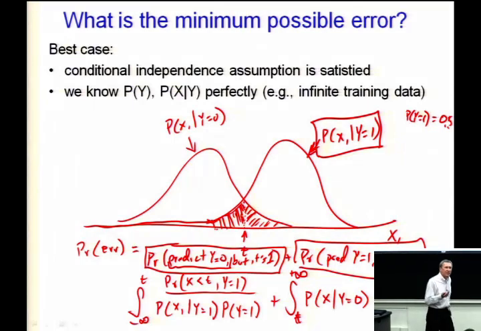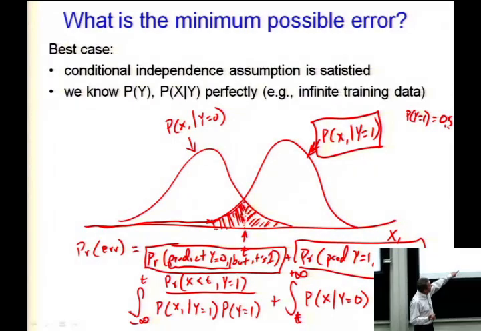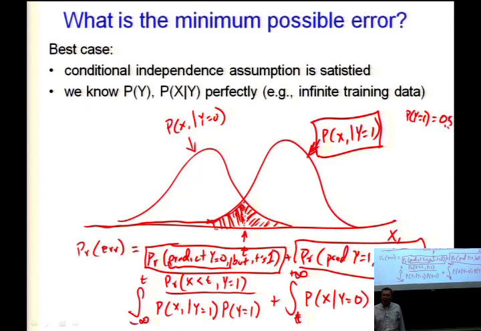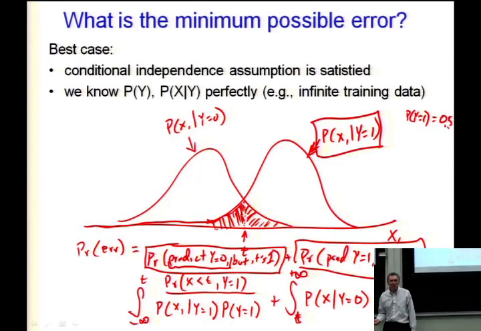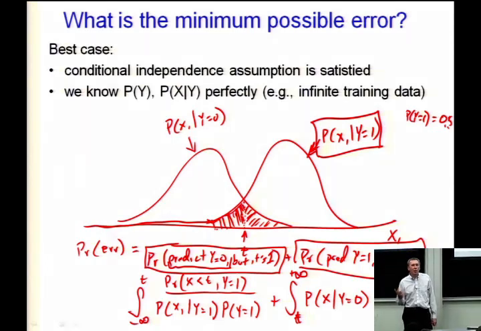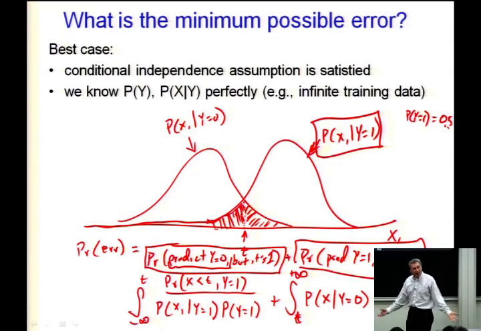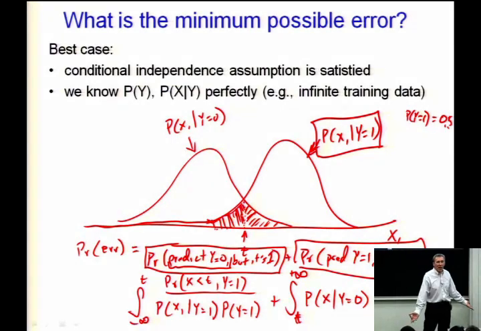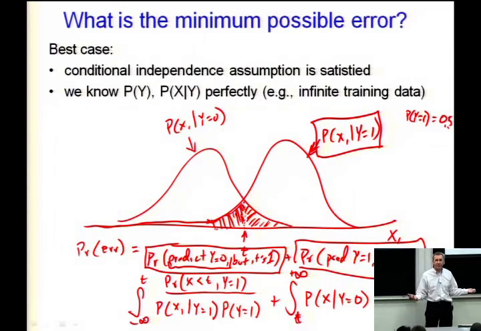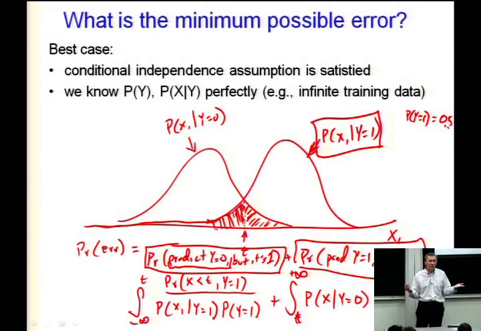There it is. So you've just written an expression for the optimal error achievable in a world where the naive Bayes assumptions are really satisfied and we have enough training data that we're able to get perfect estimates of the parameters that we need for our classifier. That's pretty cool, right?